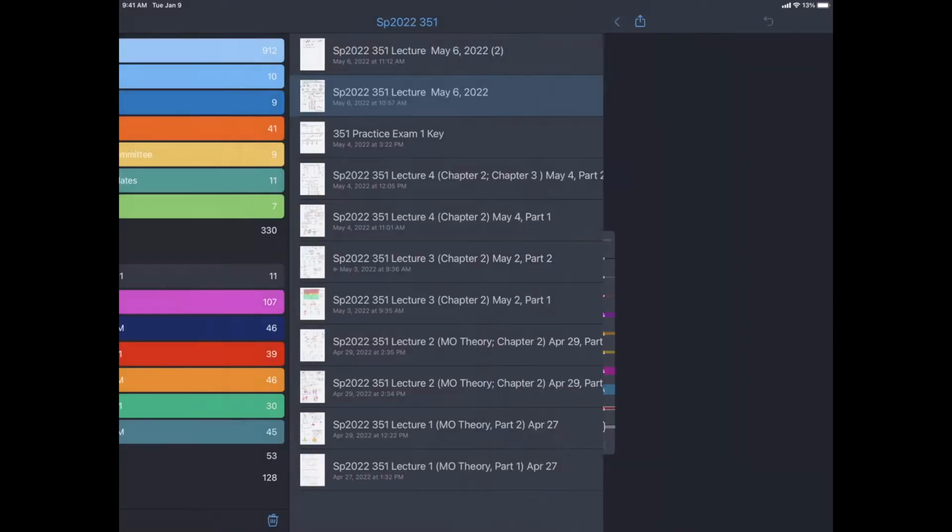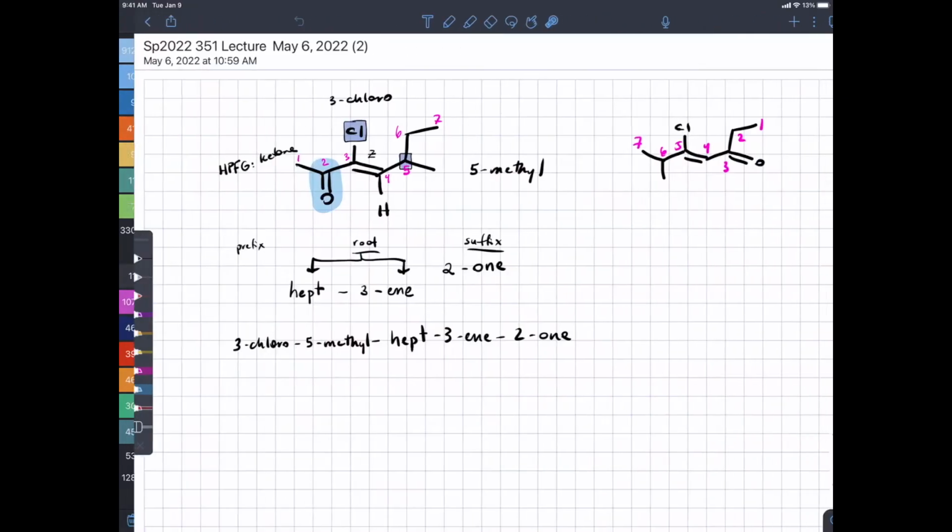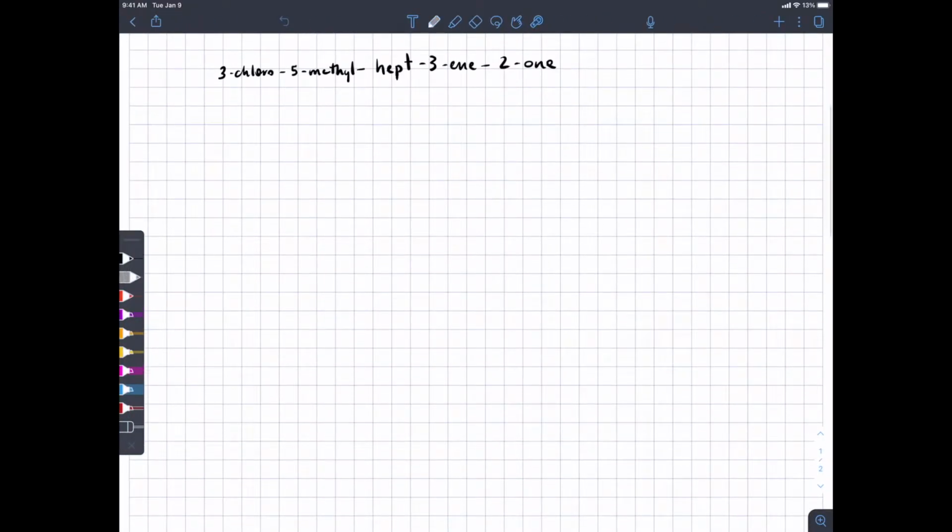Group 2 is a group that has 2 bonds between carbon and a heteroatom. That includes ketones and aldehydes. You should know both their prefixes and their suffixes.